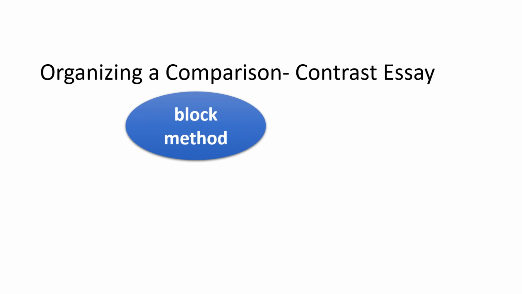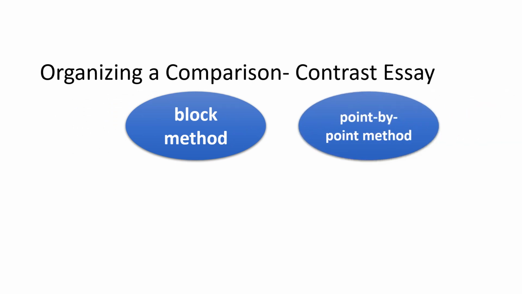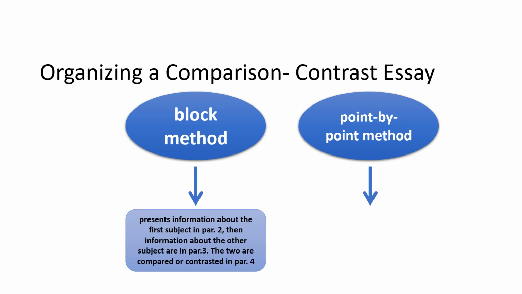There are two ways of organizing information in paragraphs 2, 3, and 4 in a comparison contrast essay. We have the block method and the point-by-point method. When you use the block method, you first present information about the first subject in paragraph 2.